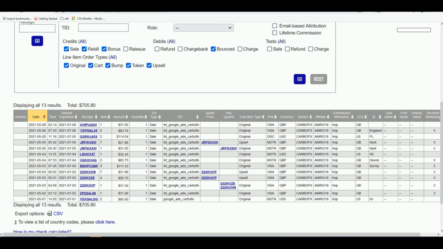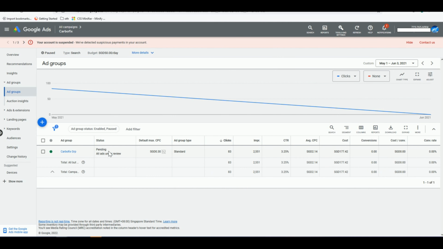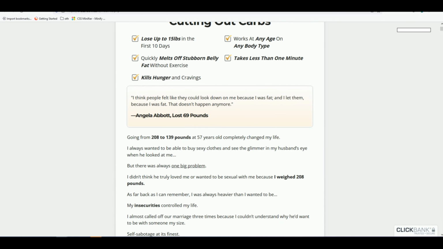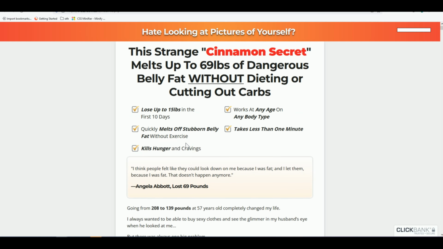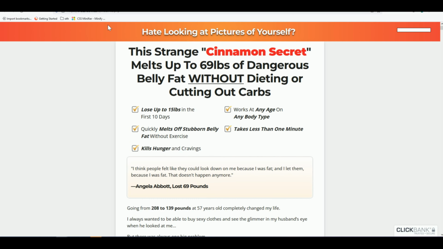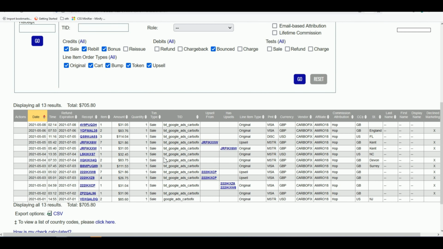So as you see, we've got 13 sales total using this landing page and the ad campaign that we set up, with the brand bidding keywords. We are directing all the visitors directly to this sales page. So we promoted Carbo Fix and we got these sales.